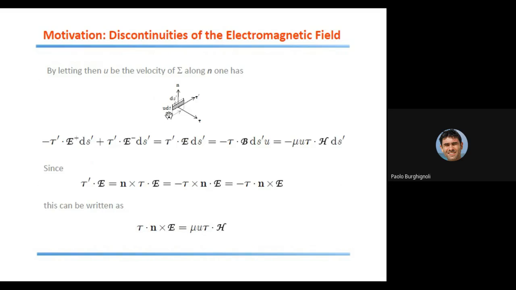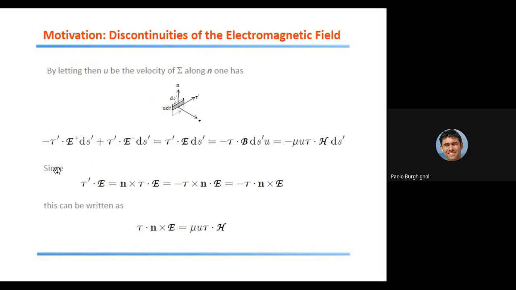But since we are considering the time derivative, this dt gets cancelled in the derivation, so you remain only with the velocity u. Or in terms of the magnetic field H, mu u tau dot H ds prime. The minus sign is, of course, built into the Faraday-Neumann law.